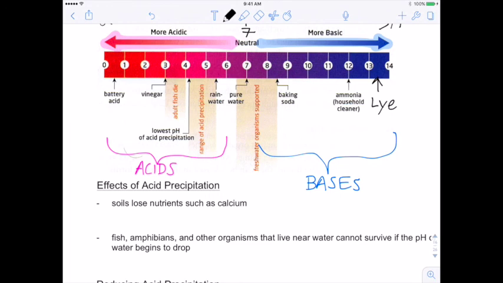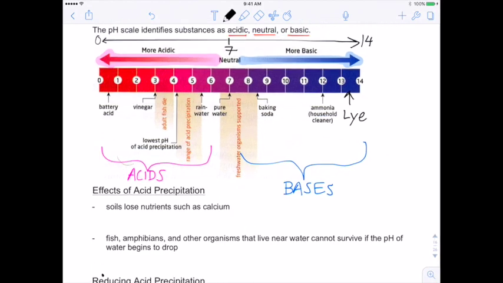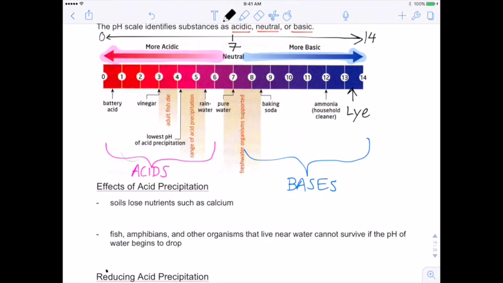Fish, amphibians, and other organisms that live near water can't survive if the pH of the water begins to drop. For those of you who don't know, an amphibian is an organism that spends parts of its life in water and parts of its life on land. An example would be a frog or a salamander.